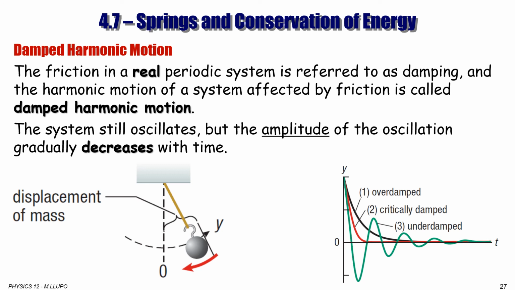So we have three types of damped harmonic motion. One is underdamped, which is more realistic for springs. So they are going to oscillate and come to a complete stop eventually because of internal and external friction.